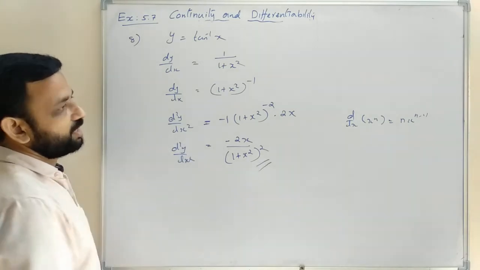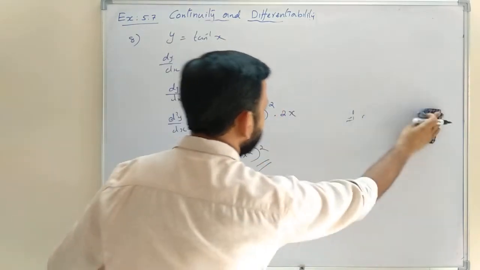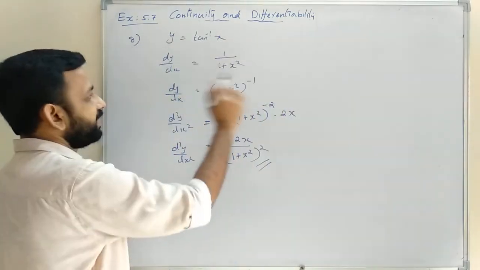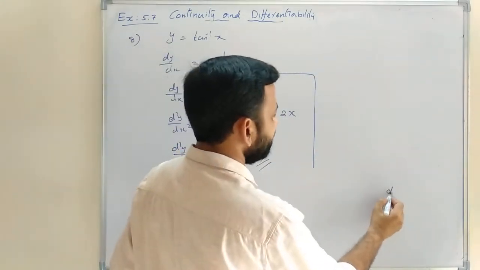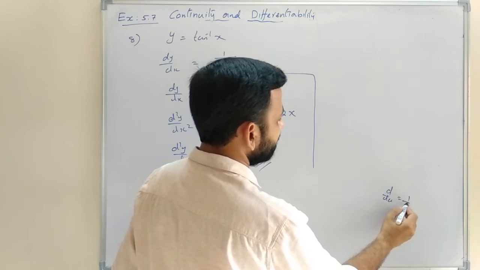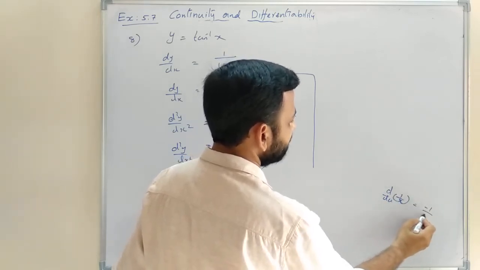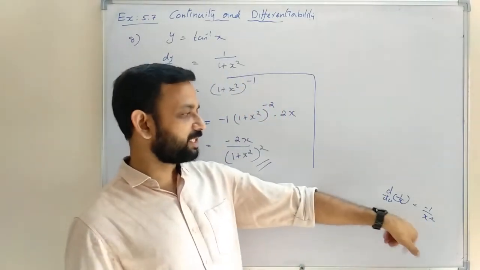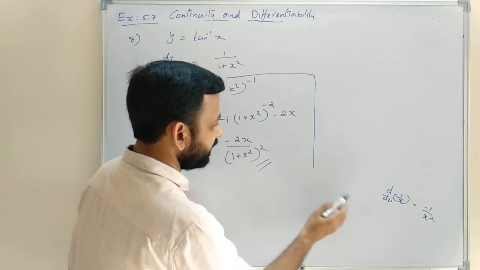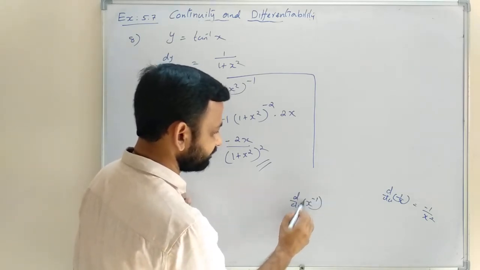The same question we can differentiate another way. dy by dx we got. Then we can use this formula: d by dx of 1 upon x is equal to minus 1 by x square, because d by dx of 1 upon x is d by dx of x raised to the power minus 1.